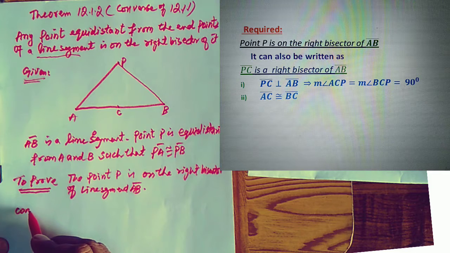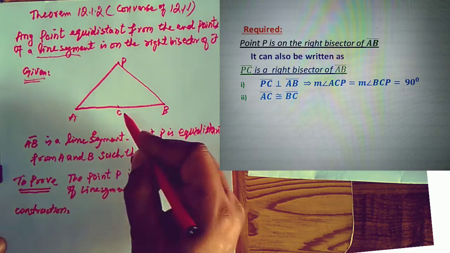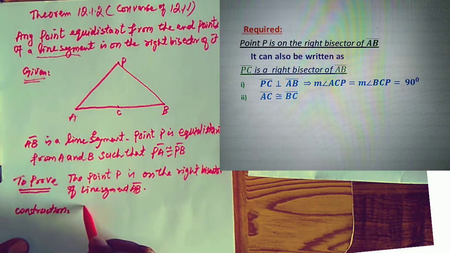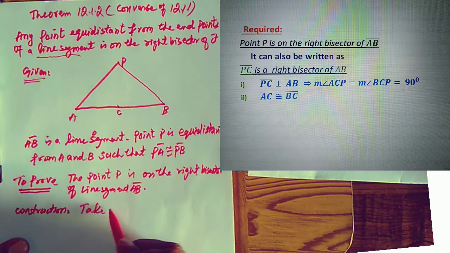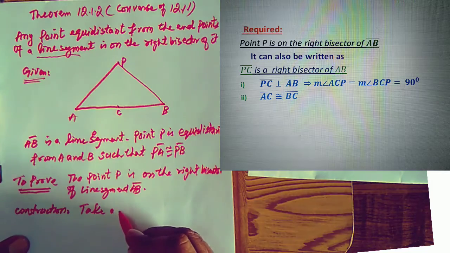After the required, we take its construction. Take a point C, which is the midpoint on AB.